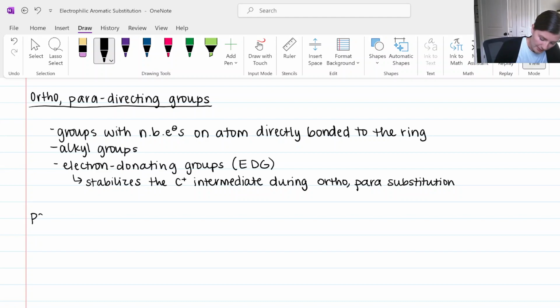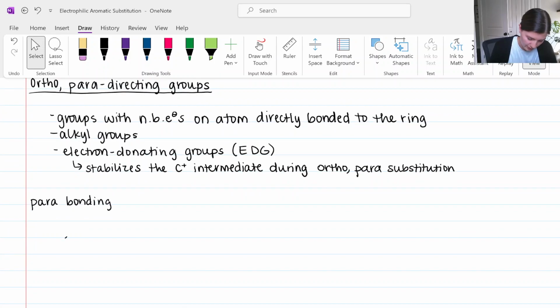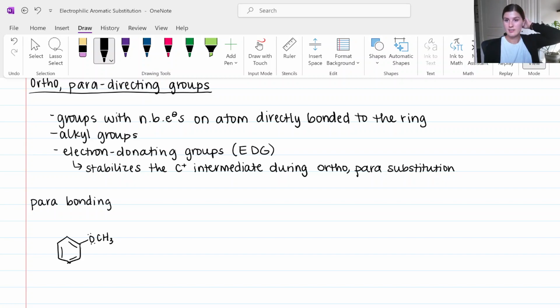So let's look at para bonding, for example. And we'll add an electron donating group, an ortho-para directing group to the ring. You could pick any. I just picked a methoxy group. And let's say this is our starting material and we want to know what happens if we add an electrophile, if we do electrophilic aromatic substitution.